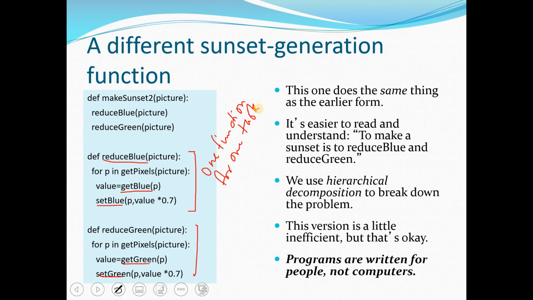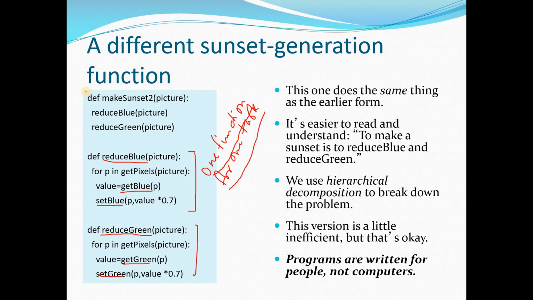Okay, so think over it, what's happening. One function for reducing blue only, the other function only reducing green. Two functions. Why do we do this? Because we put one function for one task, that's important. And we do this so that our code is more understandable.